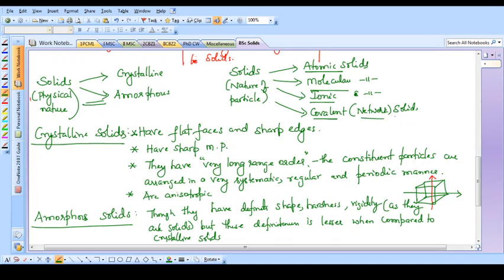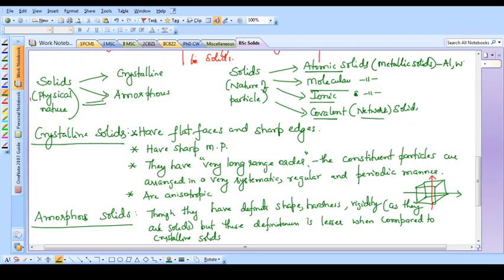If these solids are made up of elements or atoms, then such solids are called atomic solids. Generally they are metallic solids. It may be aluminium or tungsten, sodium, potassium. They are examples for metallic solids because here the constituent particles are atoms.